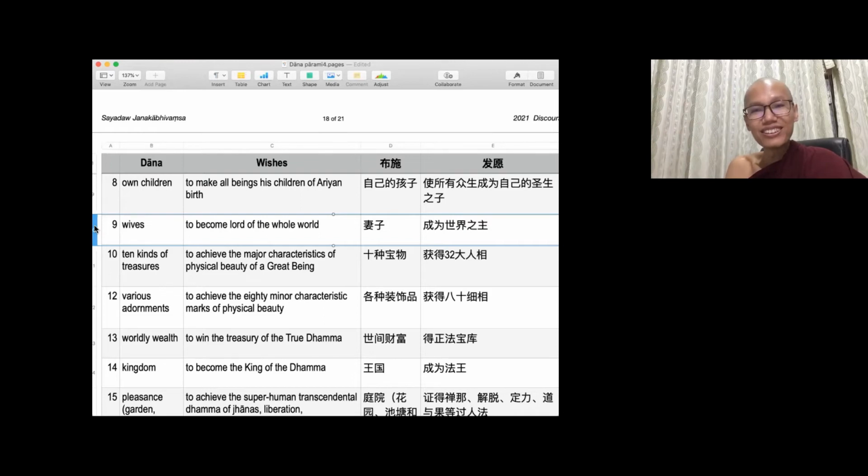How about your wife? How about your wives? So the husband stays in the hut, in the dwelling place. The wife is finding food in the forest, so serving the king.